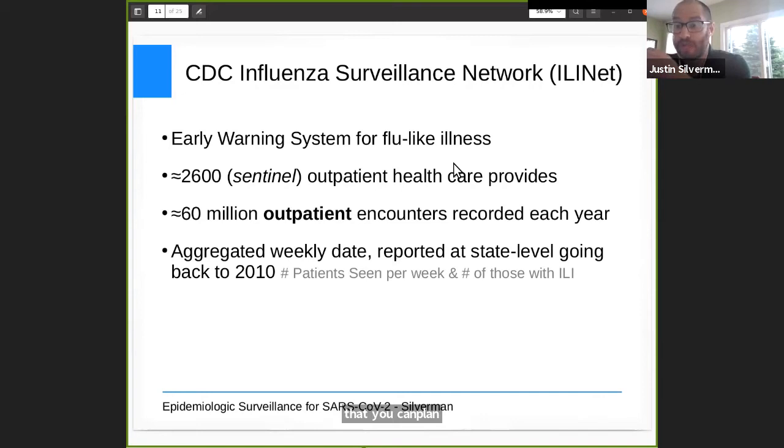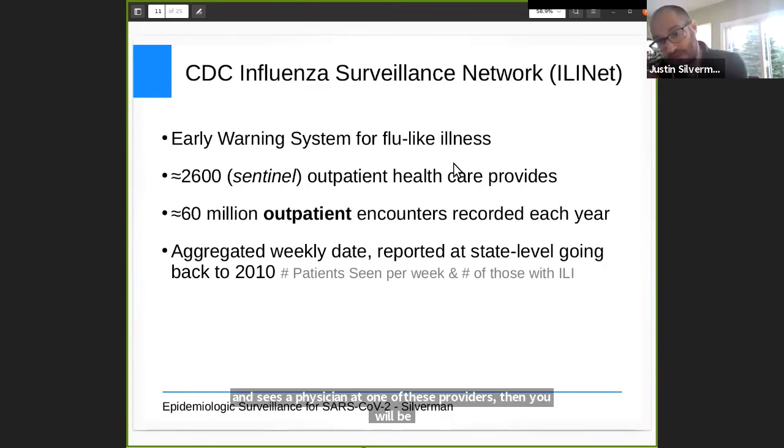This is a huge surveillance network. There's 2,600 Sentinel providers. They're all outpatient providers around the US. So what that means, basically, there are outpatient clinics and clinicians. For example, Penn State Student Health is one of them, where if a patient goes and sees a physician at one of these Sentinel providers, then you'll be asked, do you have fever and or cough and or runny nose?